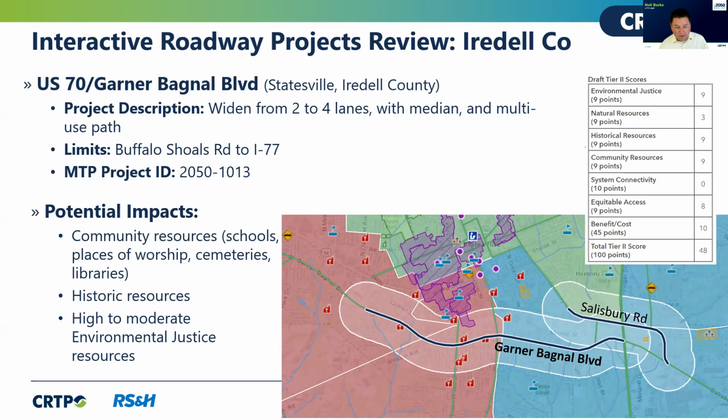There are certainly a lot of different colors on the map showing all of the tier 2 impacts that we're aware of. When we're through with these 3 examples, we'll open up the online GIS and we can look layer by layer at specific projects if you have concerns or questions. That's an agglomeration of all the different data that you see there, so it could be a little confusing.